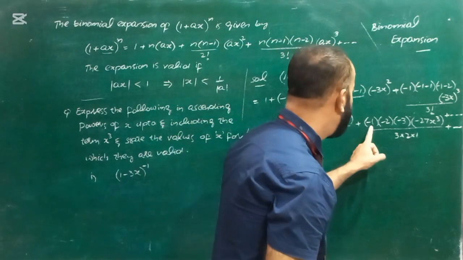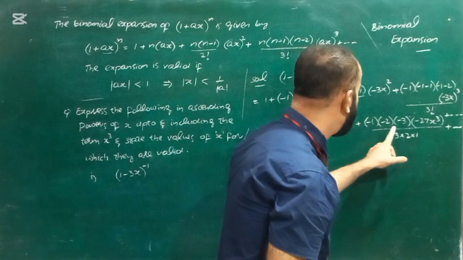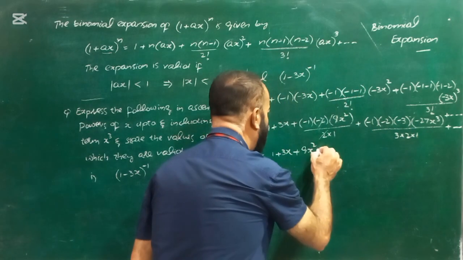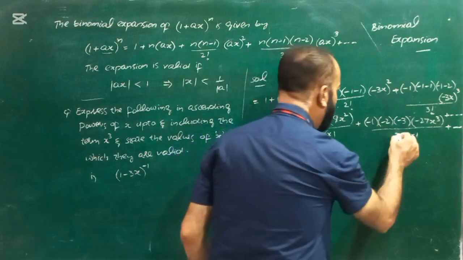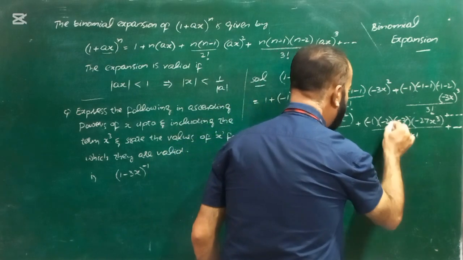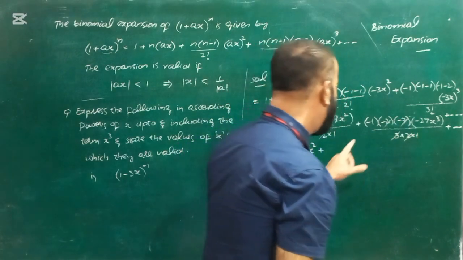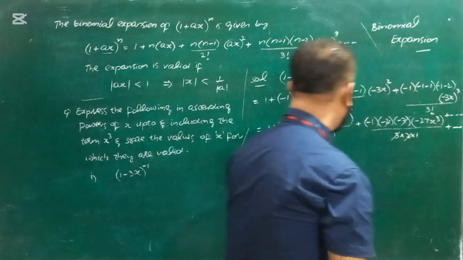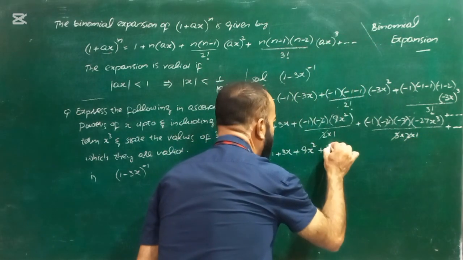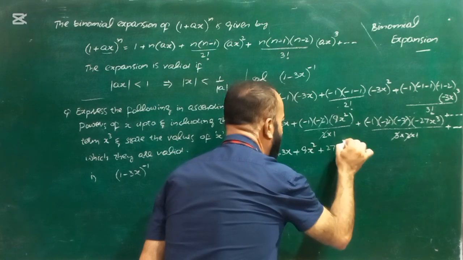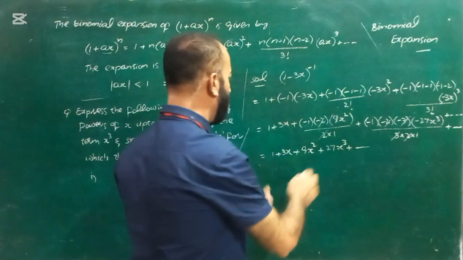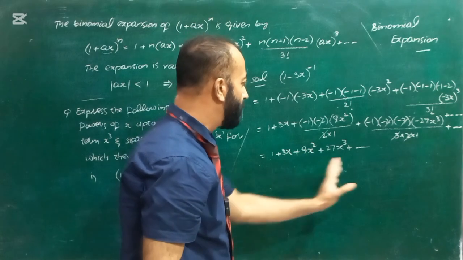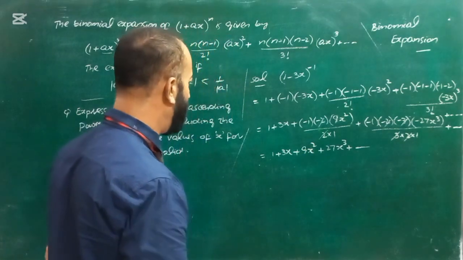For the next term, the minus signs will also become plus, and this 3 and this 2 will be cancelled, so the remainder will be 27x cubed, and so on. So this is the expansion up to and including x cubed.